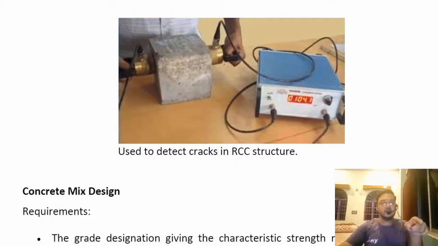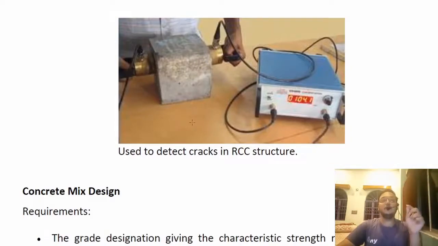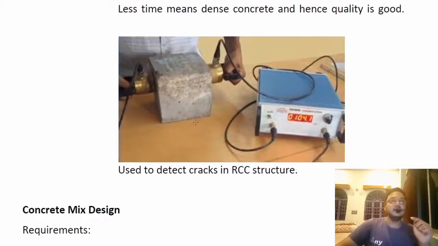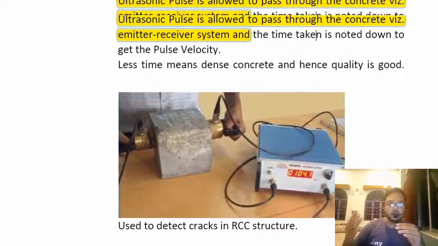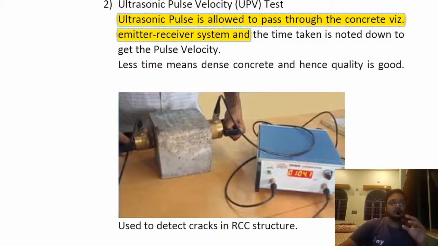As you can see in this particular diagram, this person is pressing the emitter and receiver against this particular specimen, and on one side the emitter will emit some ultrasonic pulse, and this pulse will be detected on the other side by the receiver.